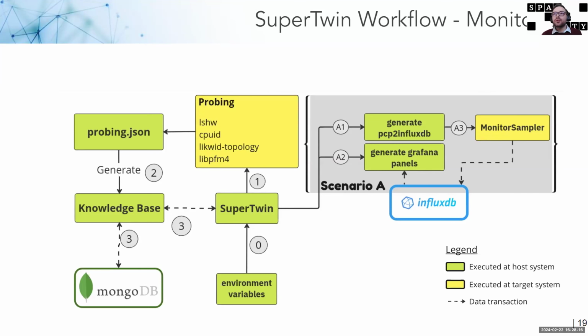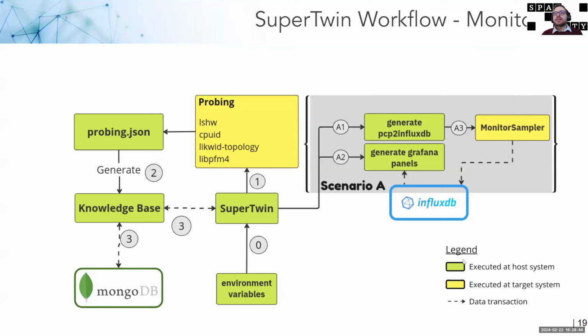In the first scenario, we can set up samplers to sample software metrics from the target systems for the entirety of the target system's components, and we can generate a dashboard automatically, again using the parameters from the knowledge base for the target systems.